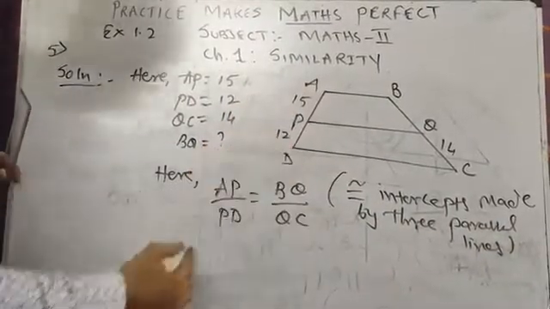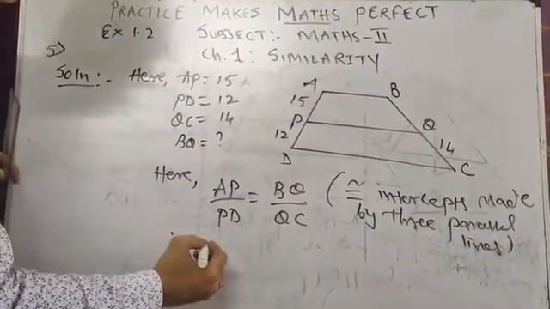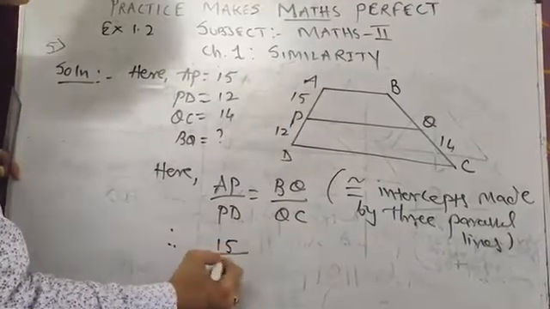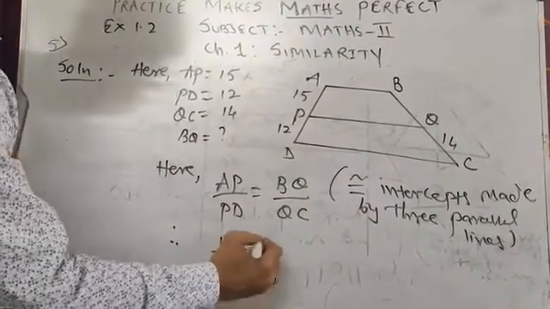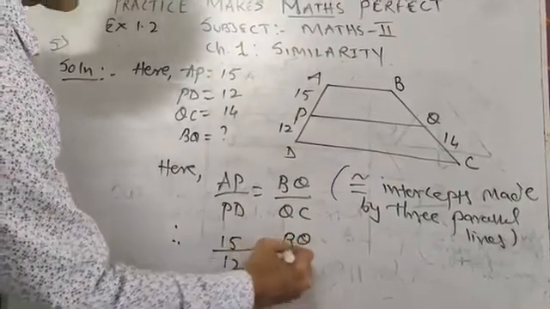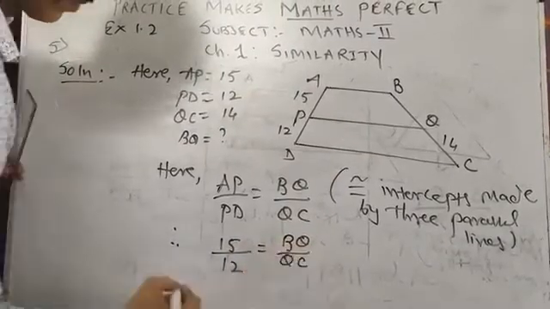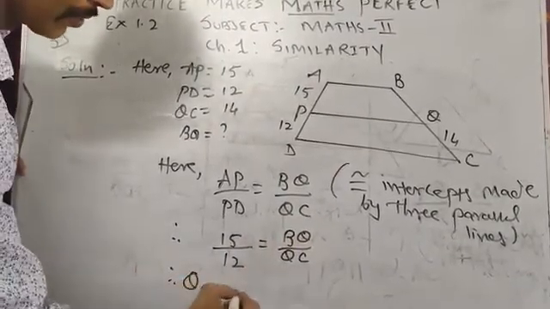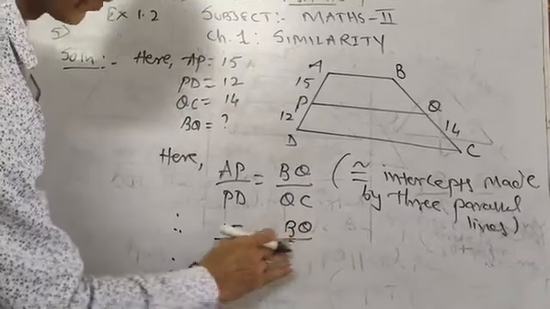Now we put the values here. AP is 15, PD is 12, DQ we don't know, and QC is given 14.